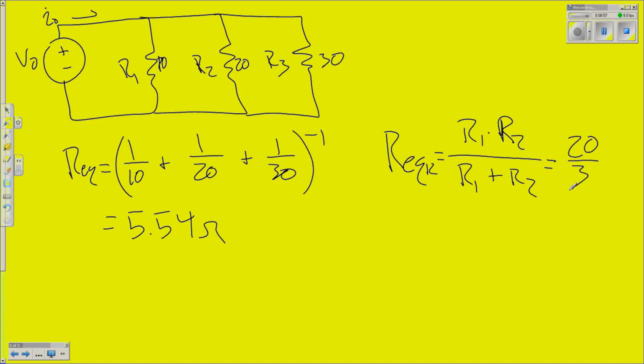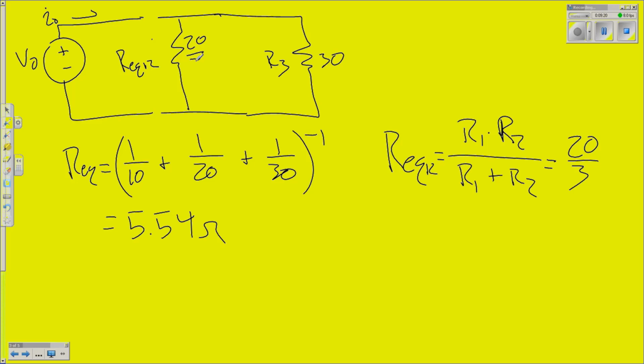That is the equivalent resistance. And all I've done here, for the sake of simplicity, is take 2 at once. So I delete these 2, and put in an equivalent resistance between them.